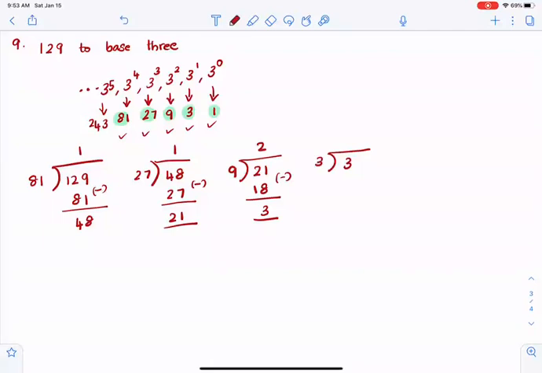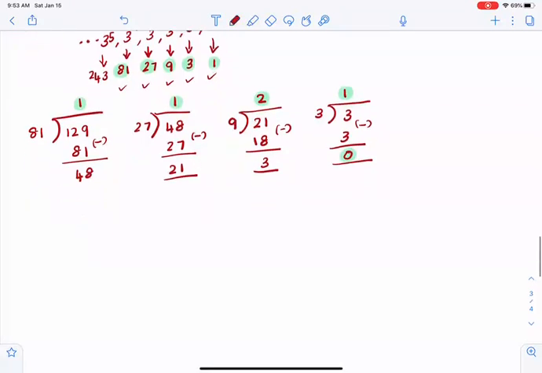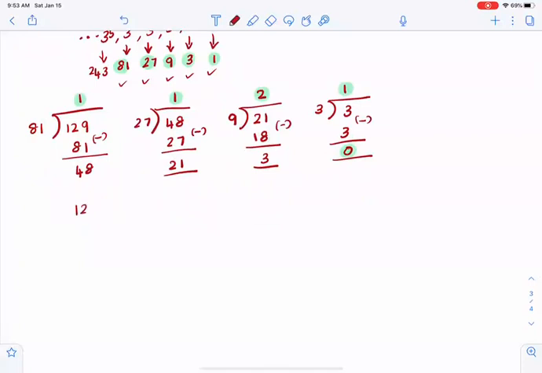Divide by 3. 1 times 3 gives me 3, which gives me 0. So from the left, the base 3 number is 1, 1, 2, 1, 0. So 129 in base 10 would be equal to 11210 in base 3.